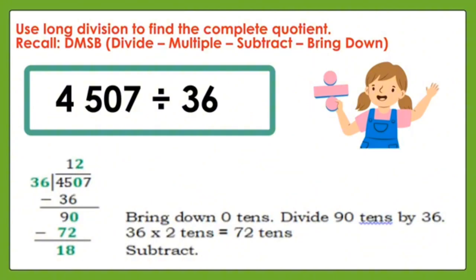Now, let us bring down 0, then divide 90 by 36, that is 2. Then 2 times 36 is equal to 72. Now, let us subtract 90 minus 72, that would be 18.